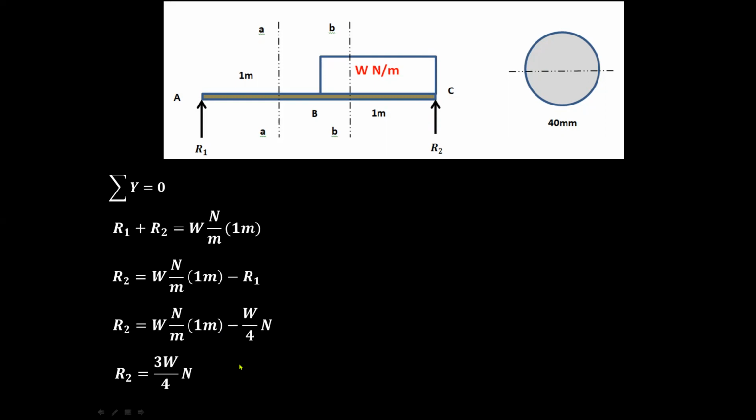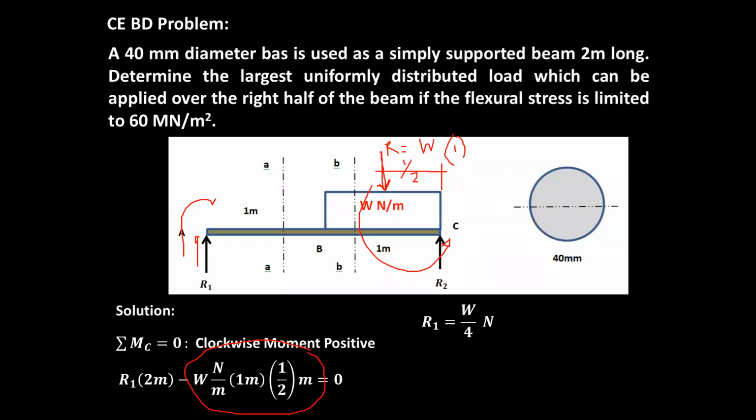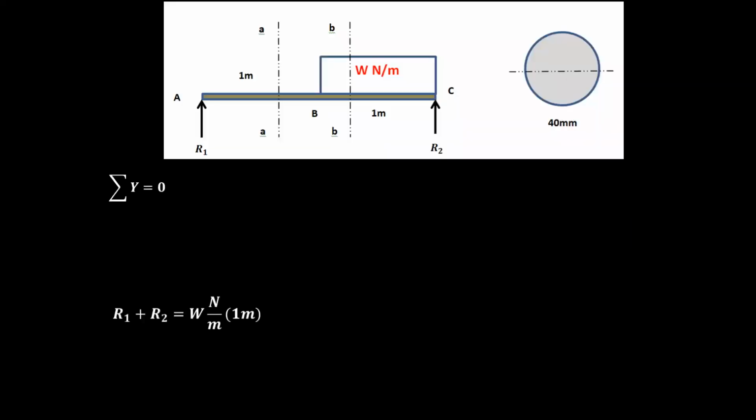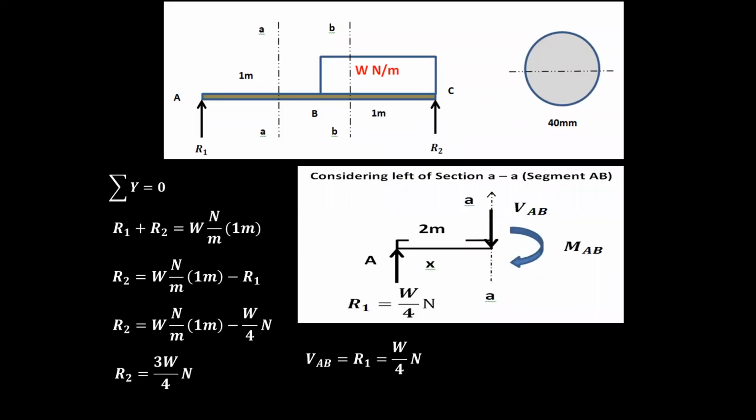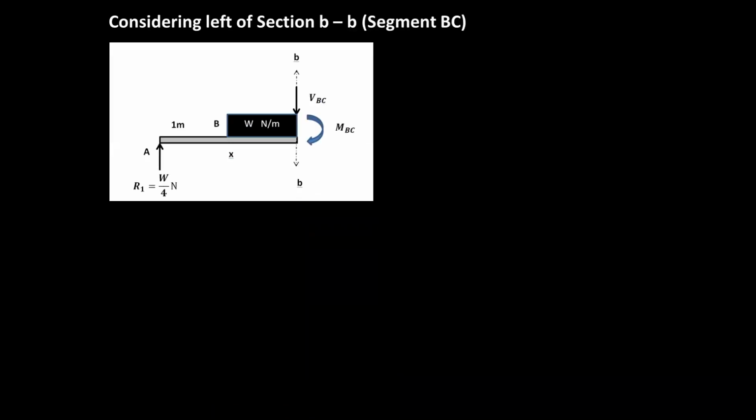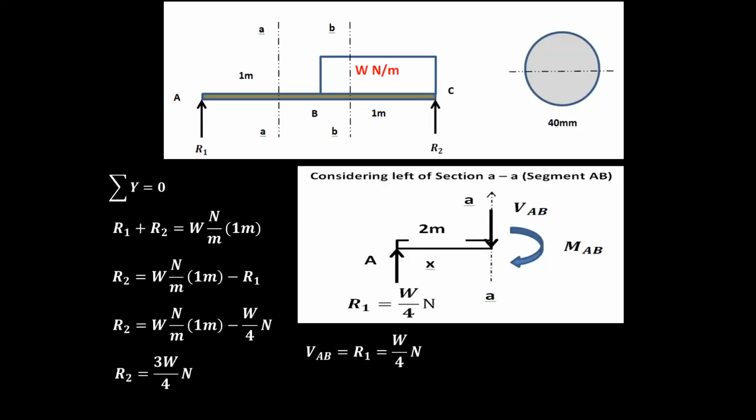Anyway, what is the requirement? Let us read. Determine the largest uniformly distributed load which can be applied over the right half of the beam if the flexural stress is limited to 60 meganewton per square meter. So we only need to find W. Since we already have our reactions R1 and R2 in terms of W, considering the left of section BB or segment BC, okay, considering this, let me show it again.